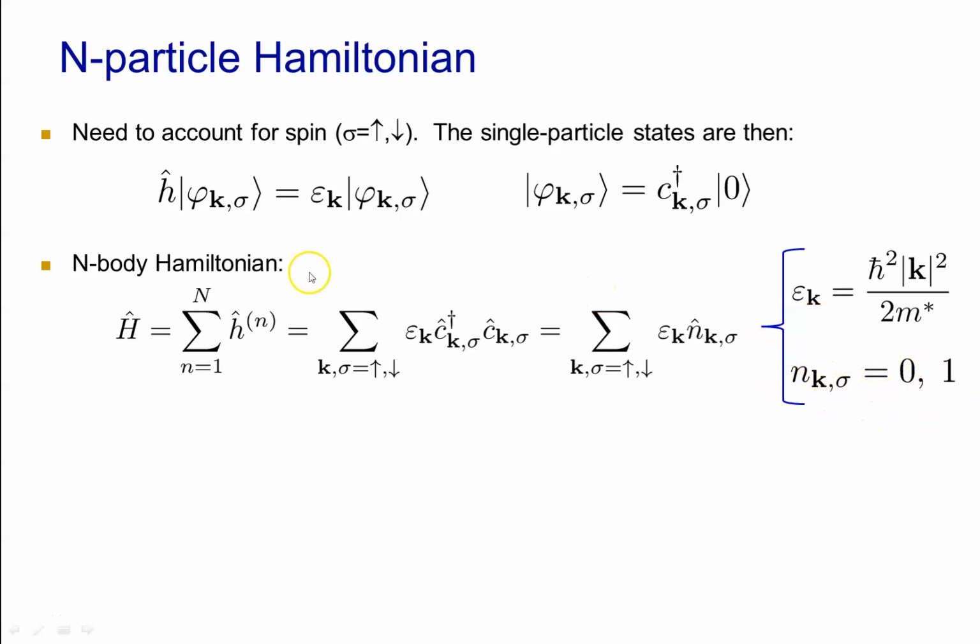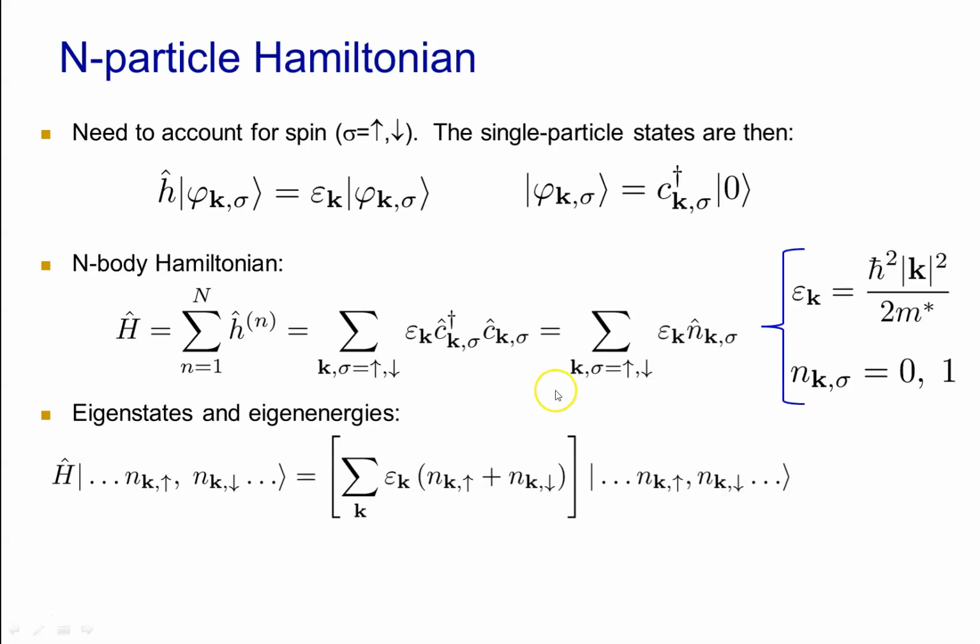But since we have this double degeneracy, I can always populate nk up equals 1 and nk down also equals 1. So if I add over spins, we have 2 electrons. But it's only 0 or 1 fermions per state, including the spin index.